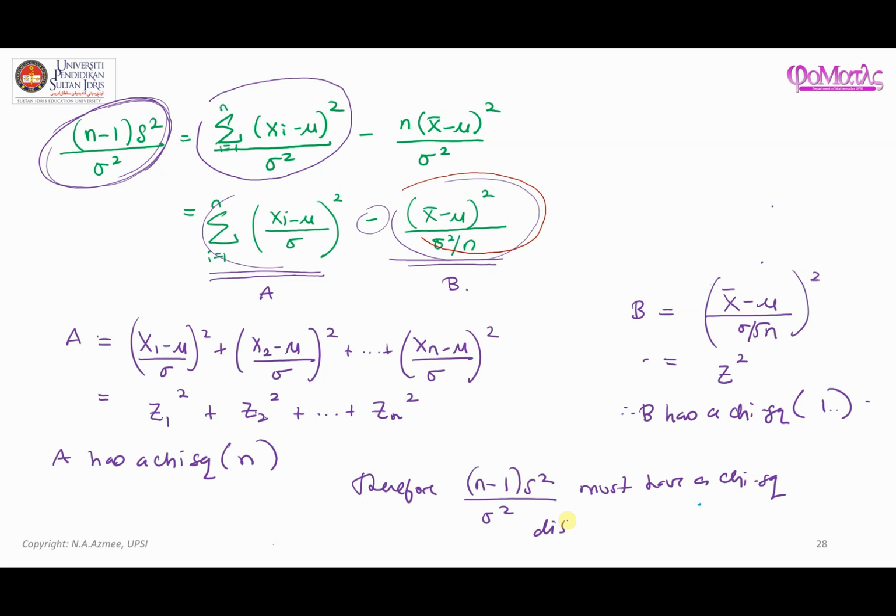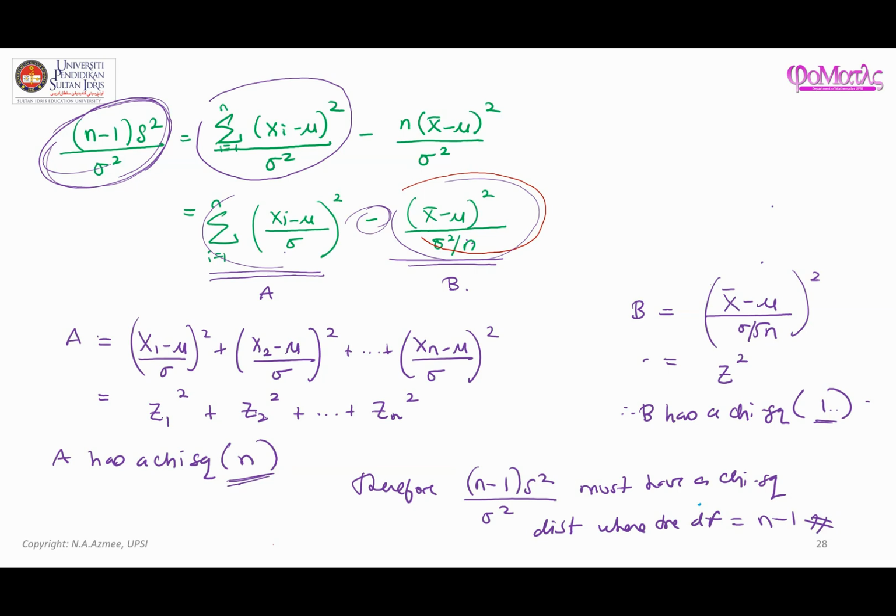Both on the right hand side have a chi-square distribution, so this must have a chi-square distribution, where the degrees of freedom would be the summation of degrees of freedom, but because we have subtraction here, the degrees of freedom is n minus 1.